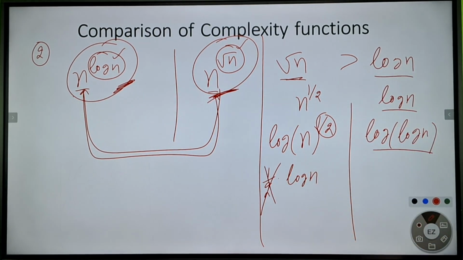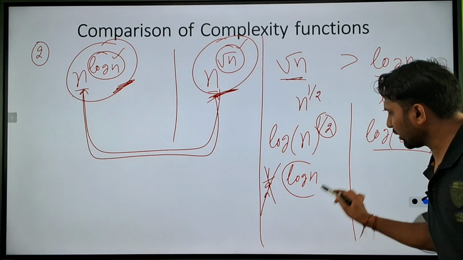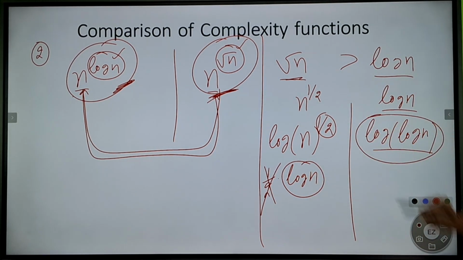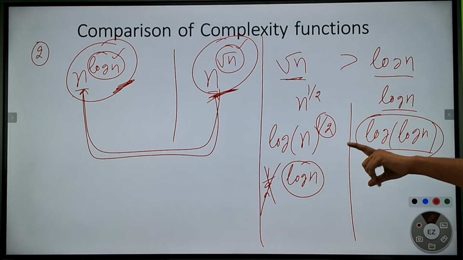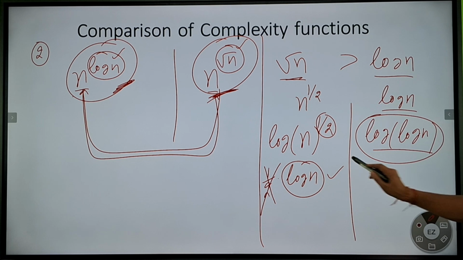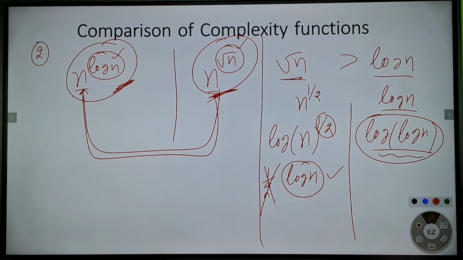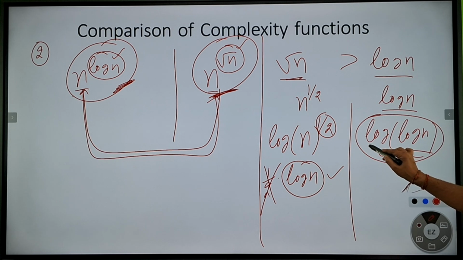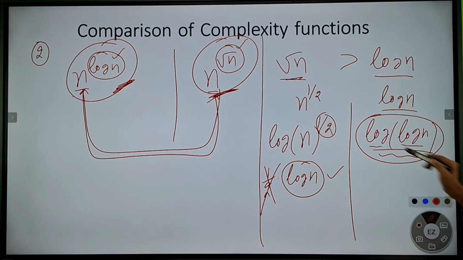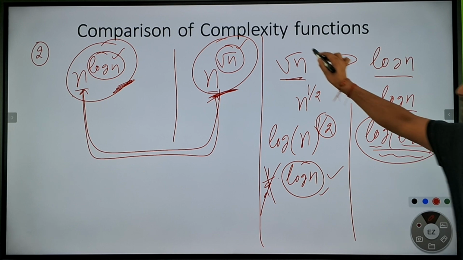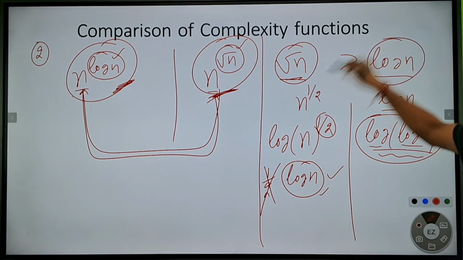Constant you can remove. So which is greater, log n or log of log n? If you remember the chart from the first slide itself, log n is greater than log of log n, because you are further taking log of log n. So log reduces the value further. So this is greater.